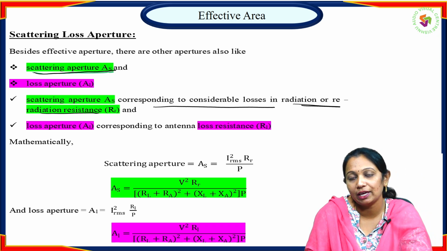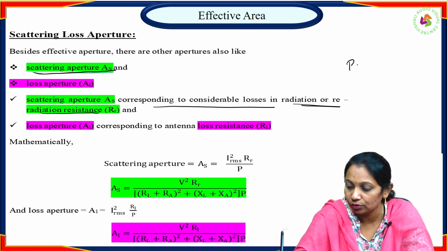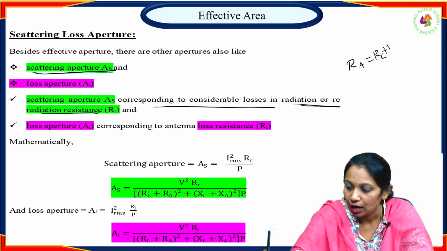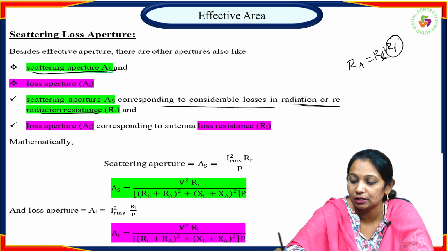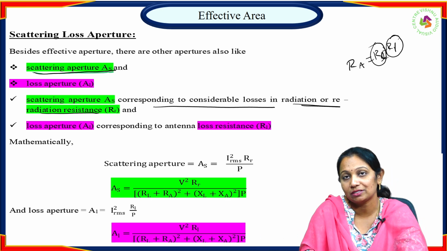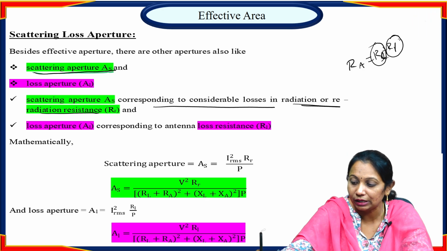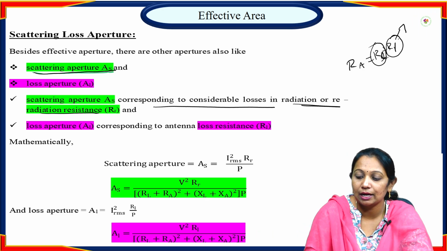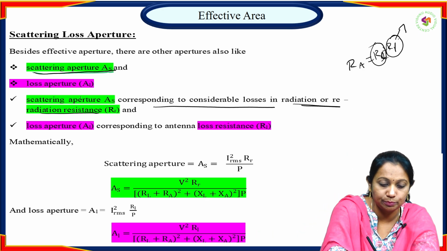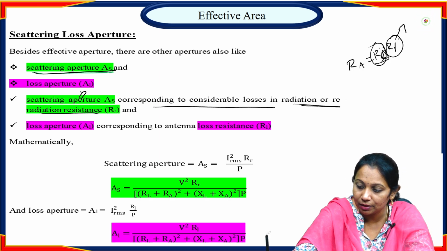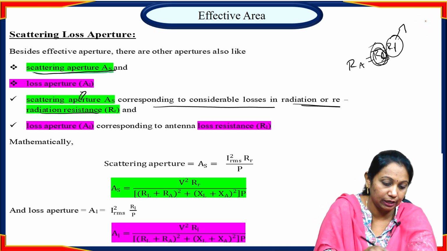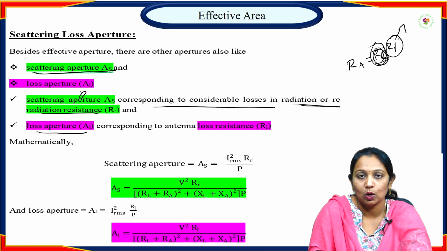In the expression we have RA is equal to RL plus RR. Here RR represents the radiation resistance, and L represents the loss resistance. This radiation resistance RR corresponds to the scattering aperture, and in the same way the loss parameter represents the loss aperture.